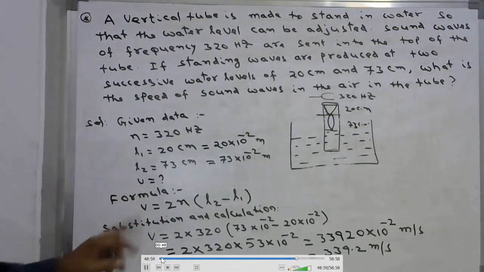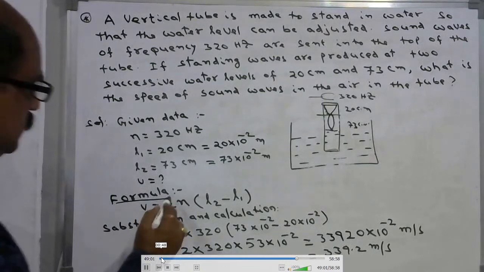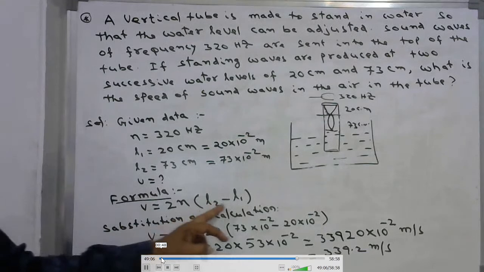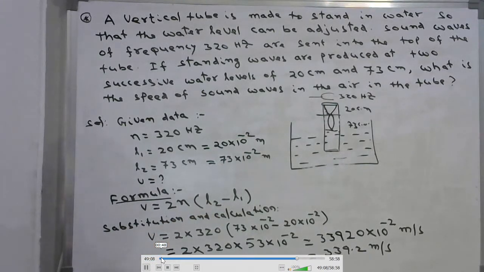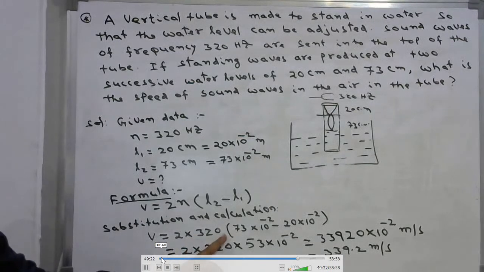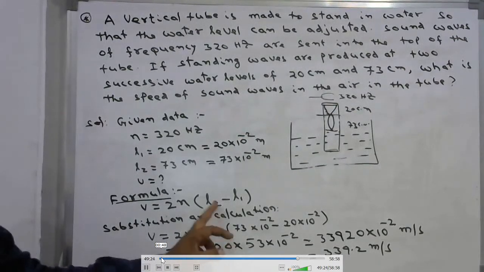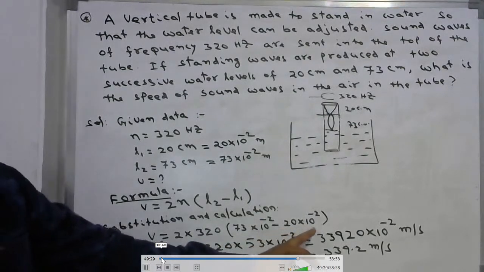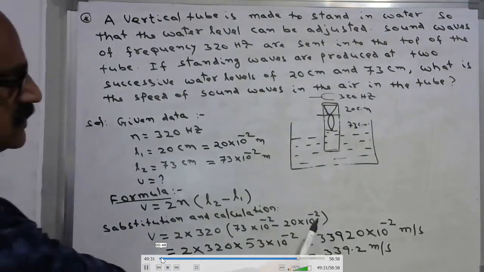So what is the necessary formula you require? The second stage is the formula: velocity is equal to 2n times L2 minus L1. The final stage is to substitute and calculate the value. V is equal to 2 times the frequency of the tuning fork, 320, multiplied by L2 minus L1, that is 73 into 10 power minus 2 minus 20 into 10 power of minus 2.